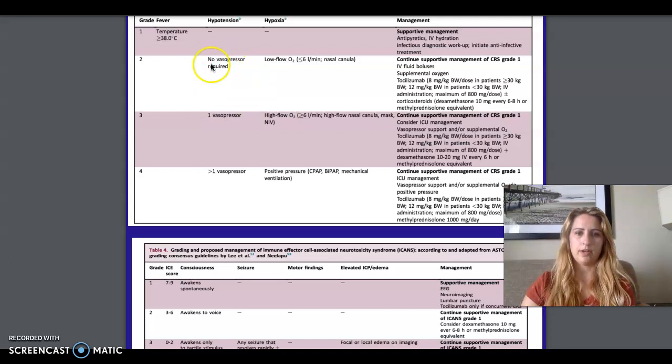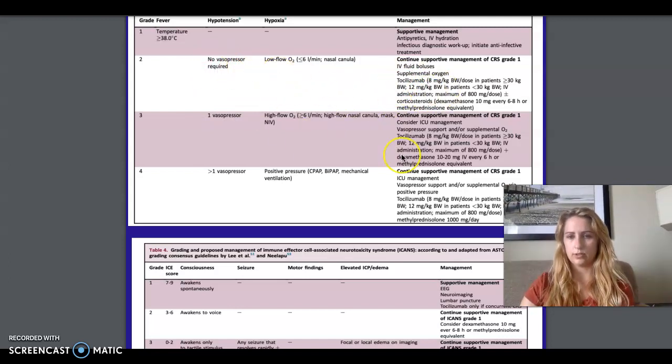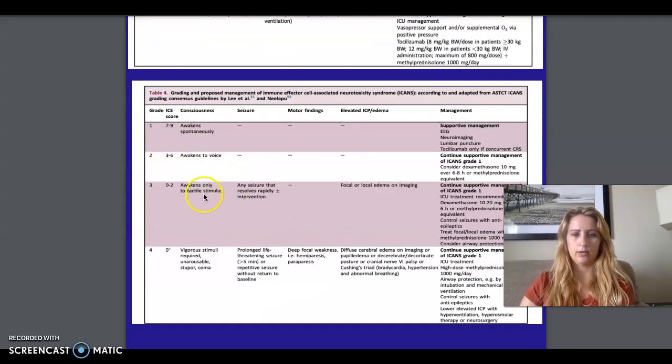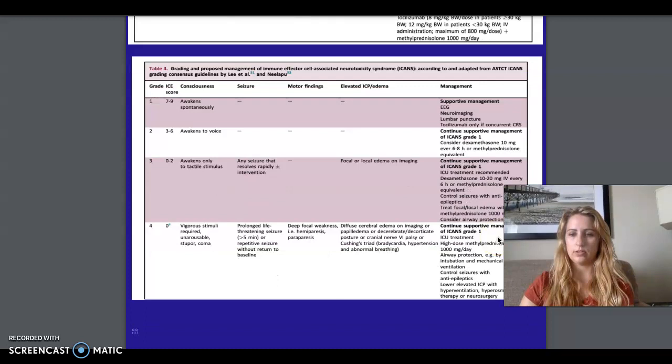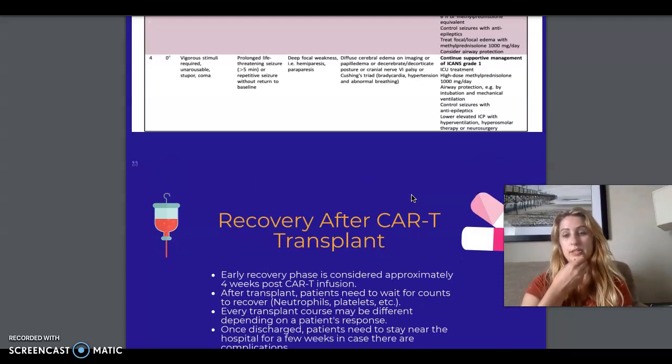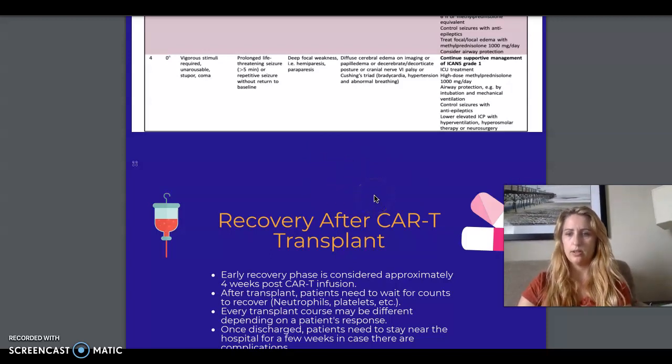So, for example, if they're having hypotension, if they're getting hypoxia, there's the consideration of tocilizumab. And with the neurotox grading as well, when they're not awakening spontaneously, seizures, things like that, you'll see that there's protocol to follow as far as steroids as well. Essentially, the tocilizumab and the steroids help suppress that inflammatory response that's going on to hopefully resolve some of the symptoms as the T cells are doing what they need to do.